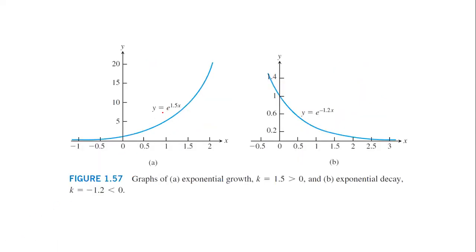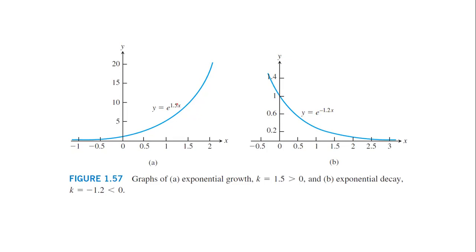Now, here is an exponential function, but this time we are multiplying a constant times the exponent, which is x. So y is equal to e to the power 1.5x, and over here y equals e to the power negative 1.2x.